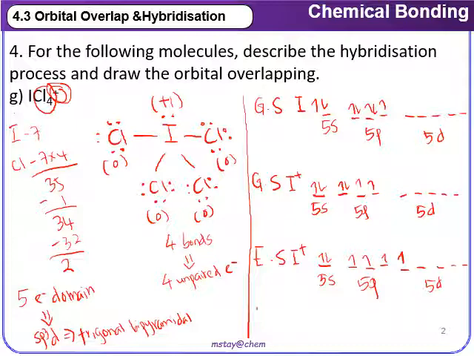Then we can proceed with the hybrid state for the I+, where we are going to mix the s orbital, the p orbitals and a d orbital: 1 pair, 4 unpaired electrons, and then 4 unhybridized and empty 5d orbitals.